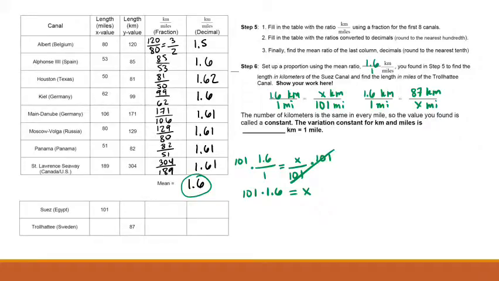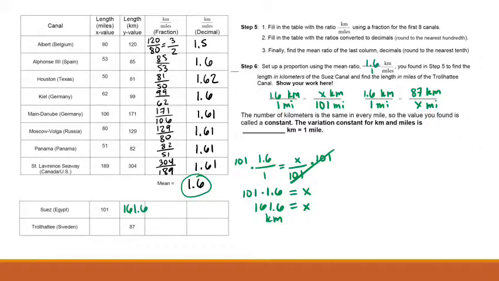So if I go ahead and solve for that, 101 times 1 6/10 would give me 161 6/10. So again, that's the number of kilometers for the Suez Canal. I can add that to my table as well.